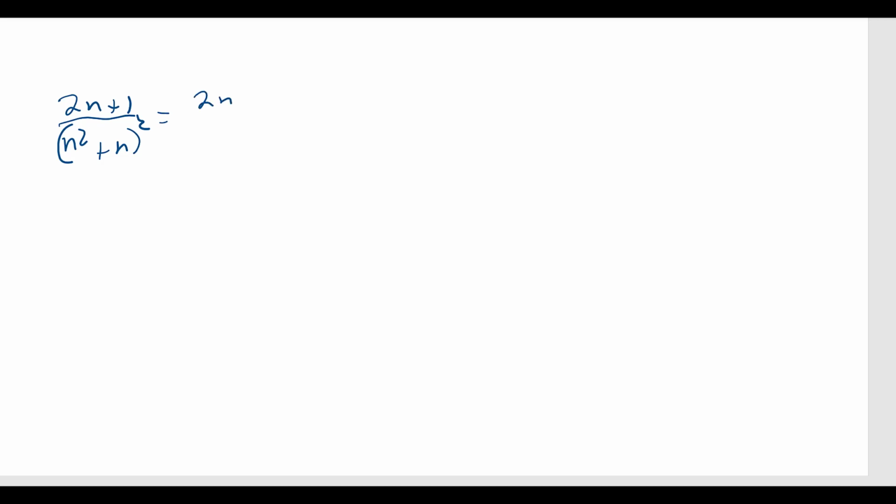So if we look at 2n plus 1 over, I can factor n out of each of these terms, giving n times n plus 1 quantity squared. So I'd have 2n plus 1 over n squared times n plus 1 squared.